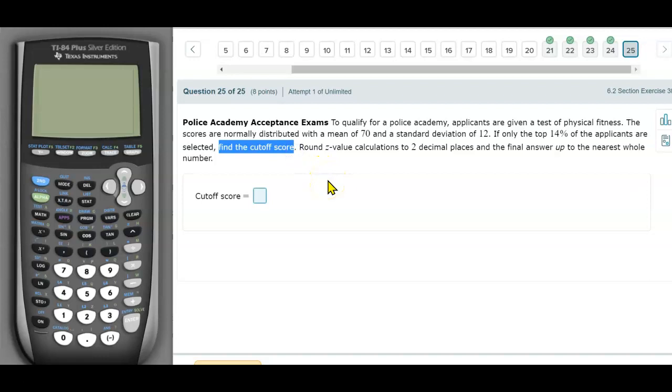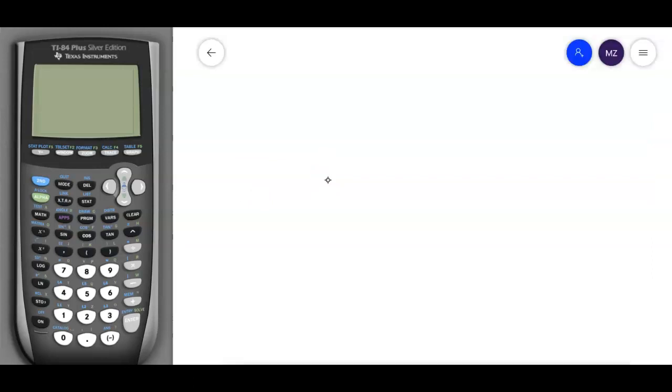Let's try to graph it, and hopefully this will give me a better understanding. Again, we are using the calculator, which is a really valuable tool and makes our job way easier. Okay, let's go to the whiteboard. So before I forget, the mean is 70, sigma is 12, and we are looking at the 14th percentile, so 14%.